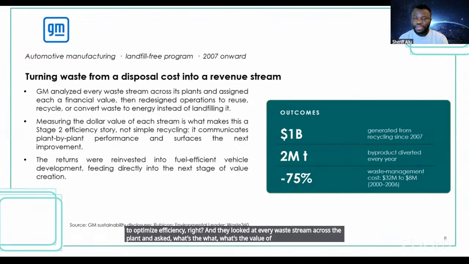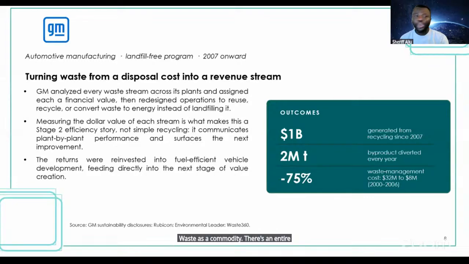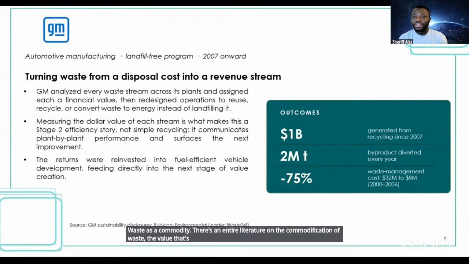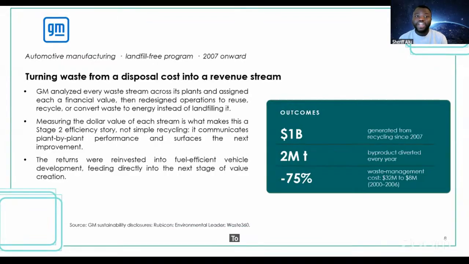When we start thinking about this waste as a commodity, there's an entire literature on the commodification of waste, the value that's attached to waste. So what's the value that we can actually generate from this waste? Basically, they put a dollar value on that, and then they designed the operations to reuse, to recycle, and convert to energy instead of sending it to landfills.